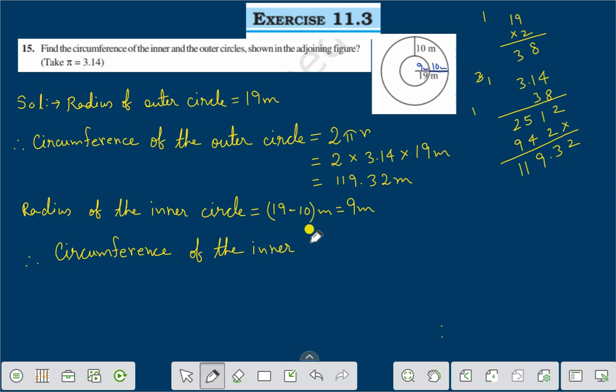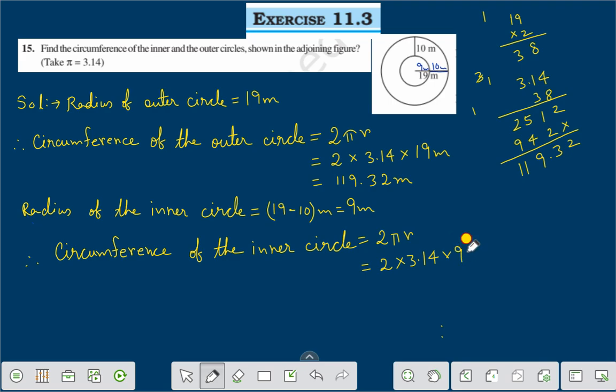Circumference of the inner circle is equal to 2 pi r. r is the radius of the inner circle. That becomes 2, pi is 3.14, and radius is 9 meter.